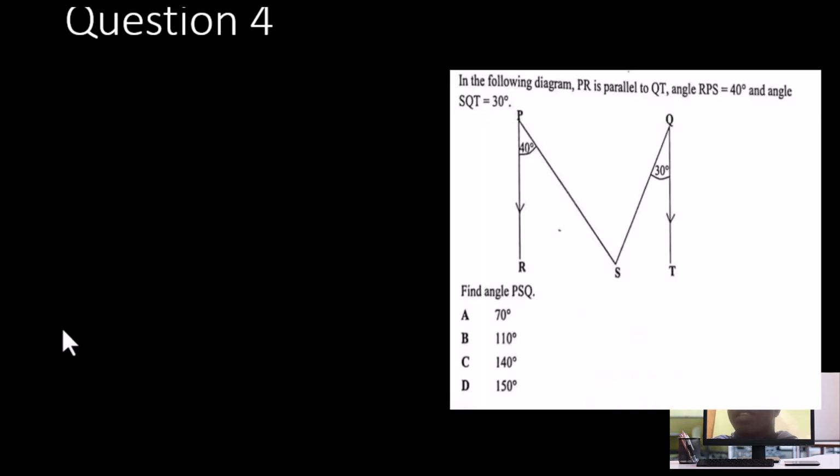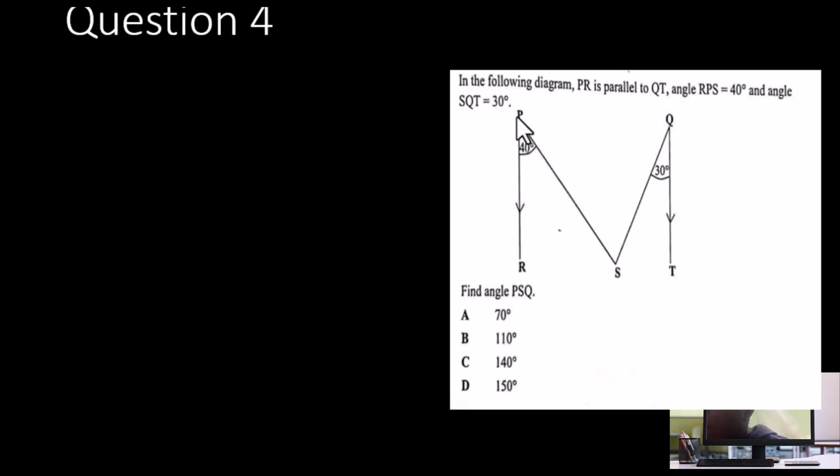Then question 4 says the following diagram, PR is parallel to QR, angle PAR is 60 and angle is 30. Find angle PSQ.